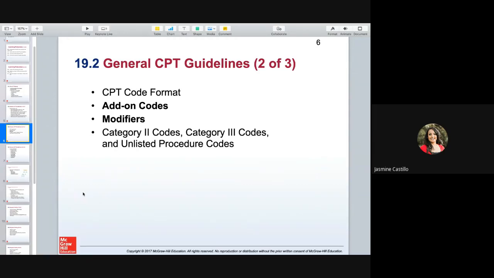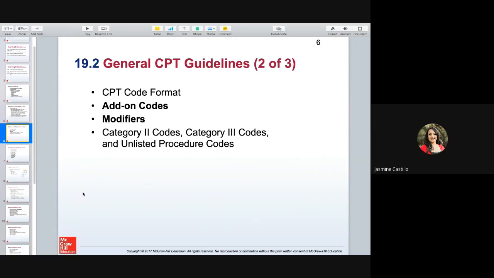And then your category 3 codes, as I mentioned and showed you in the book, these codes are to be used instead of any type of unlisted codes or codes that aren't used anymore, or codes that are found directly after the last medication code if you're submitting for a type of medication code.